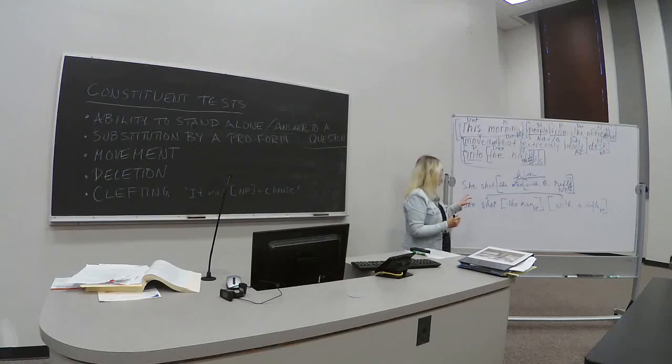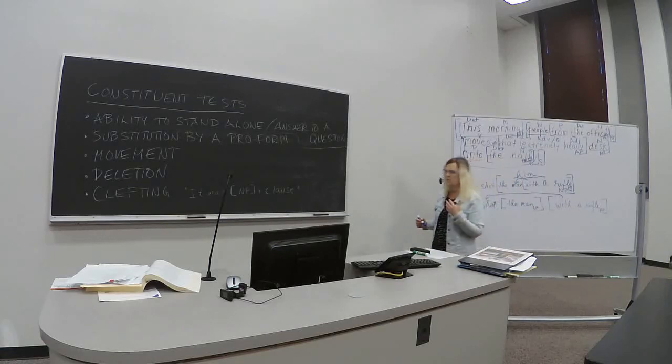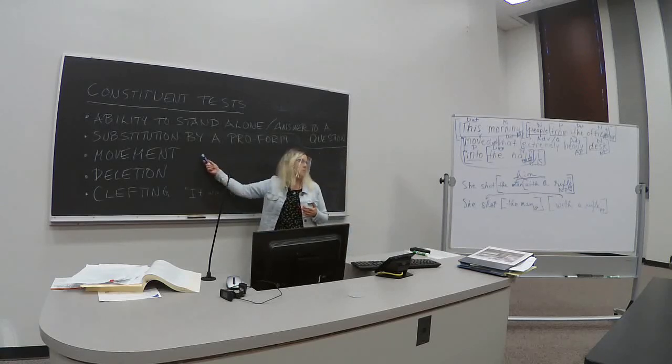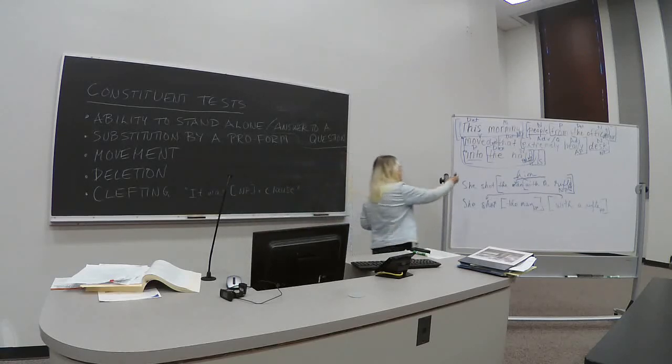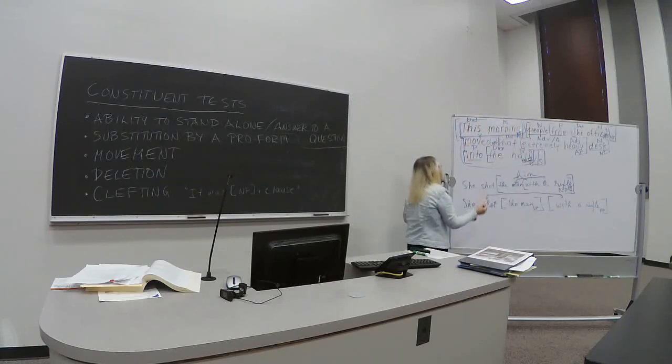She shot the man violently or whatever. We could put another word there. Not all of these tests work equally well for all sentences. Movement is another test. This morning, in our original big sentence, a long sentence, is a constituent because it can be moved.